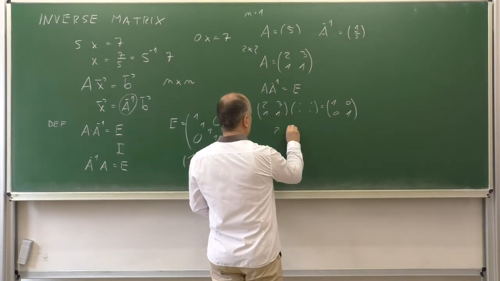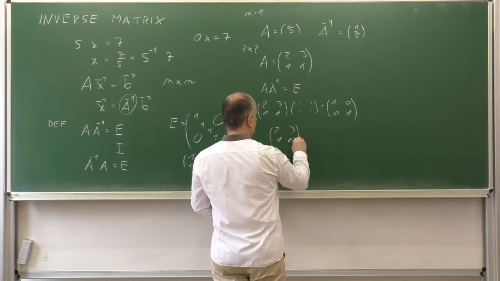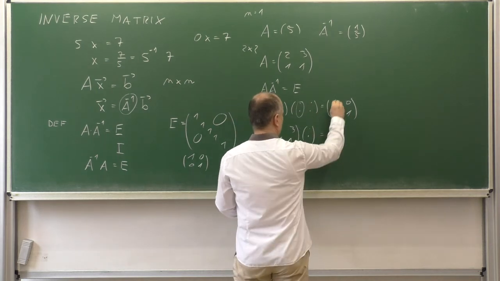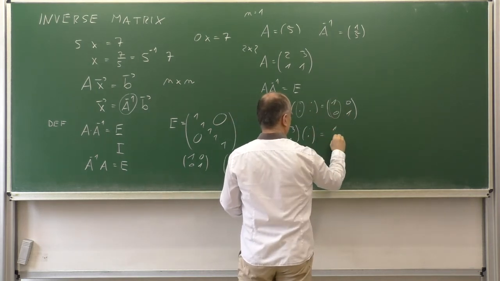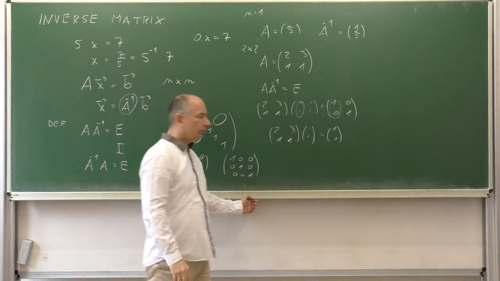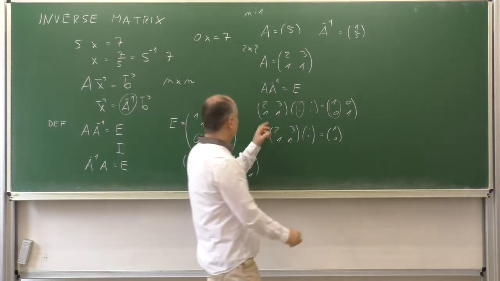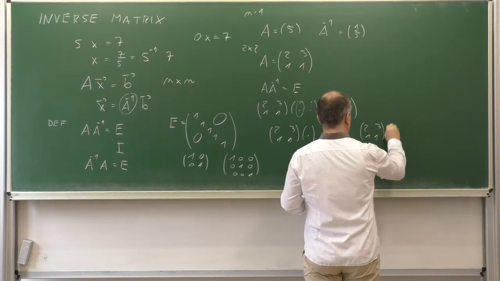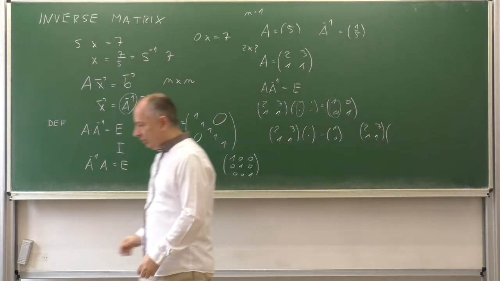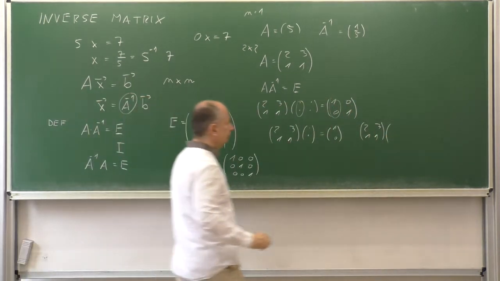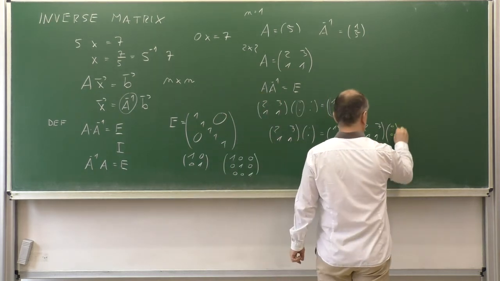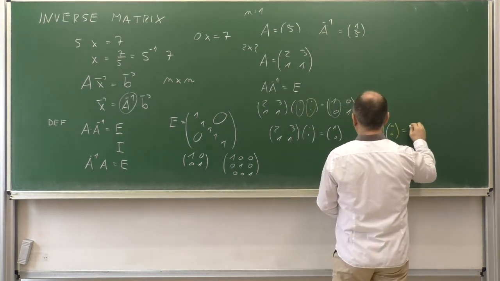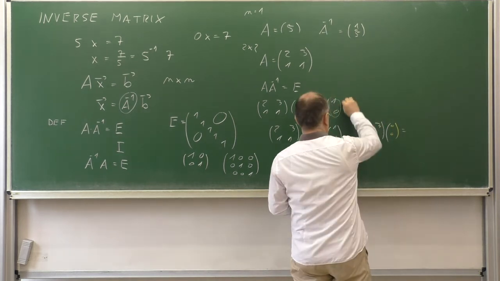We can write it as 2, 3, 1, 1 times some unknown, namely this one, is equal to this column, and 2, 3, 1, 1 times, let me choose another color, which is this, should be equal to this.